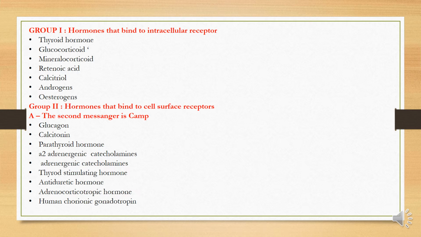Group 2 hormones bind to cell surface receptors. There are different categories. In category A, the second messenger is cAMP: glucagon, calcitonin, parathyroid hormone, alpha-2 adrenergic catecholamines, beta-adrenergic catecholamines, thyroid stimulating hormone.